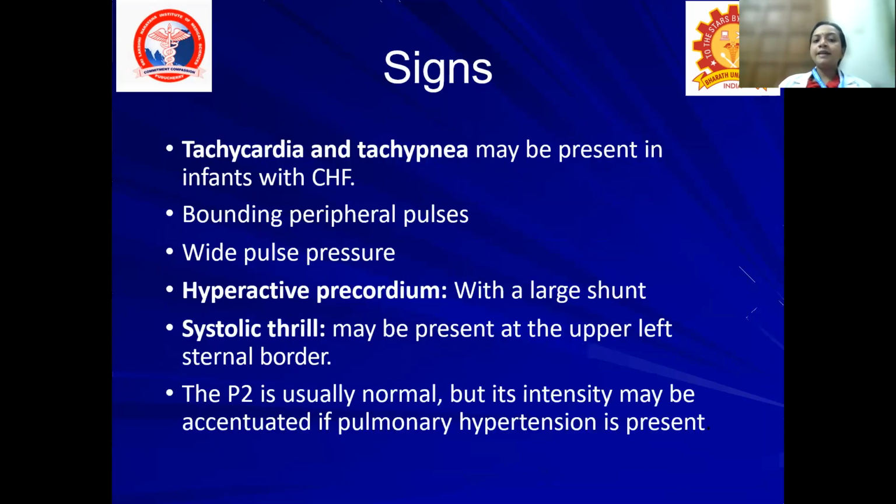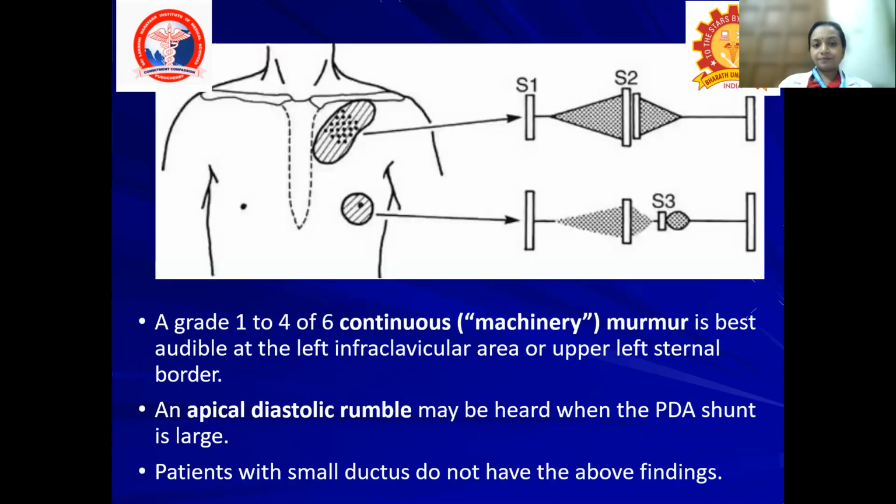The signs would be tachycardia, and tachypnea may be present in a child presenting with congestive cardiac failure, bounding peripheral pulses, wide pulse pressure, and a hyperactive precordium with a large shunt. There may be a systolic thrill at the upper left sternal border. The P2 is usually normal, but its intensity may be accentuated if there is pulmonary hypertension.